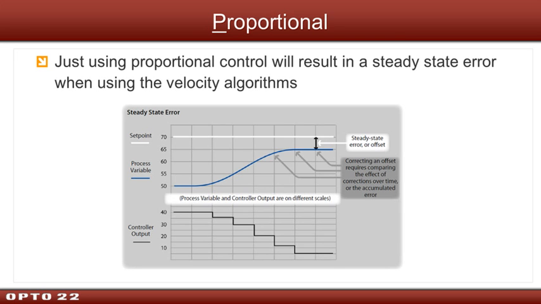And so if the process variable starts to level out, we're going to have zero error between the set point and the process variable. And so the output's not going to change. We can see here that wherever the error is other than 0, we're going to see a change in our output, which is going to drive our process variable.